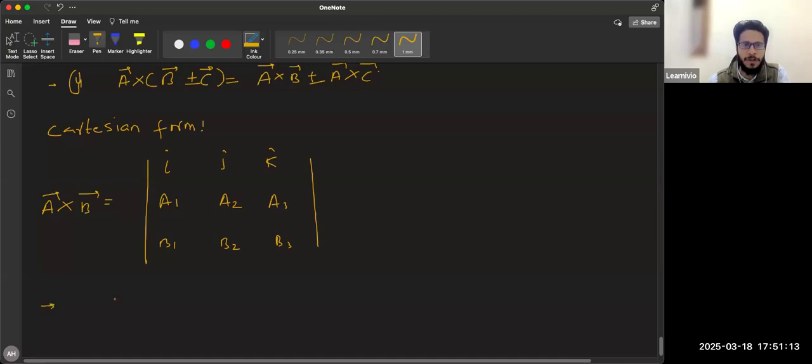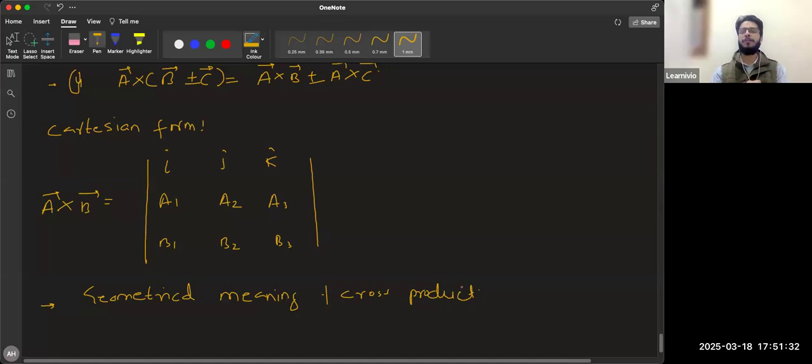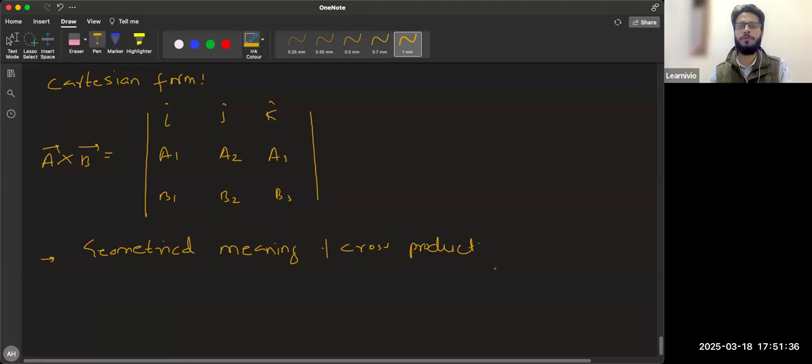Another is the geometrical meaning of cross product. In 12th, this topic is very useful for problems in magnetism, like when you have to calculate the magnetic moment of a current carrying coil. Does anyone remember the formula for the magnetic moment of a current carrying coil?